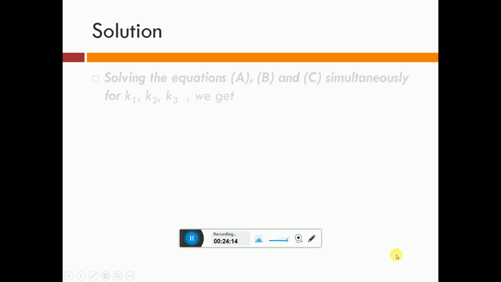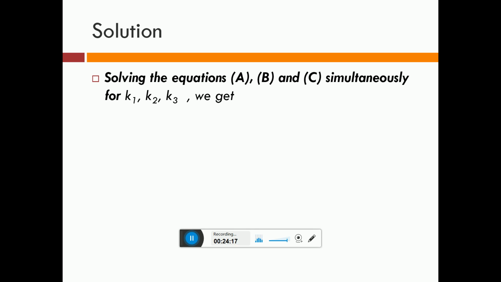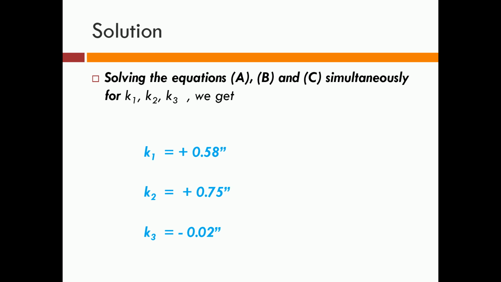Once you solve this for K1, K2, K3, considering this as simultaneous equations, you will get the value of K1 is equal to 0.58, K2 is equal to 0.75, K3 is equal to 0.02. So initially we have assumed K1 is the correction for angle A, K2 is the correction for angle B, K3 is the correction for angle C.